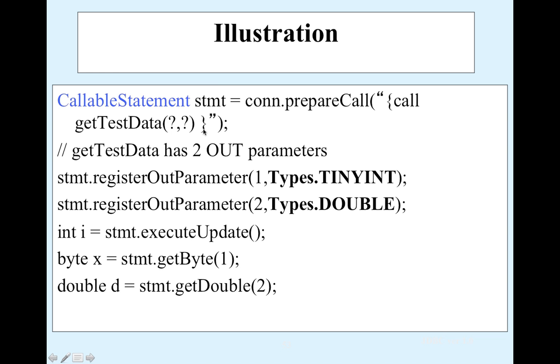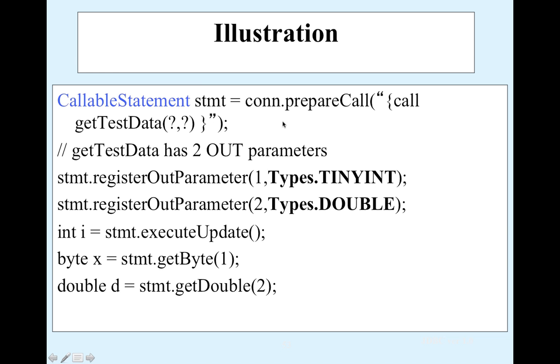You pass some inputs if there are any, and get test data has two out parameters, so you need to register both, out parameter 1 and 2, and then execute it. Then you can fetch statement.getByte of 1 and getDouble of 2. That means whatever you have registered as out parameters, you can fetch.